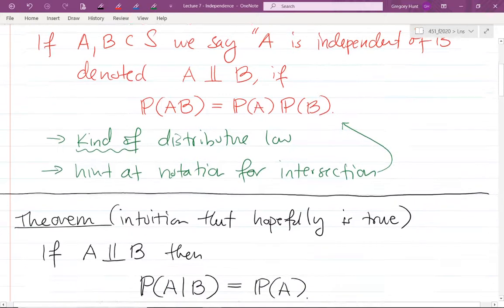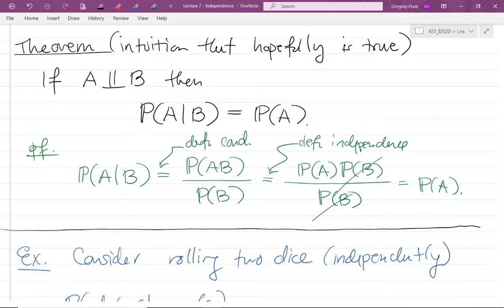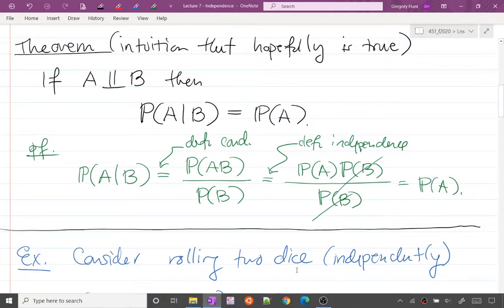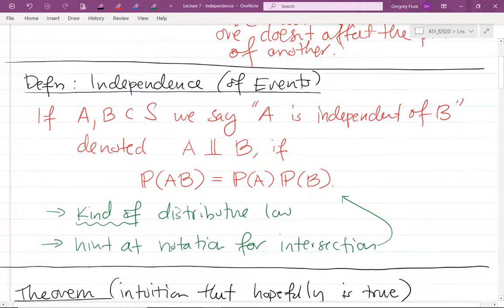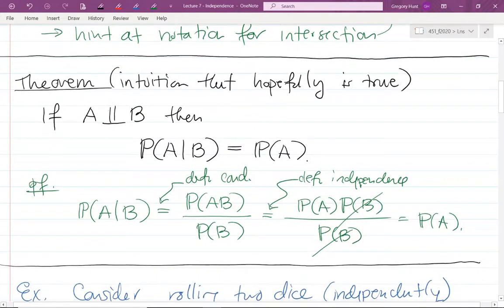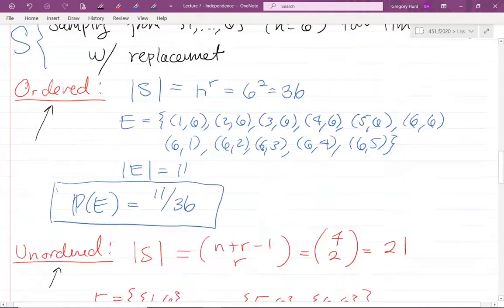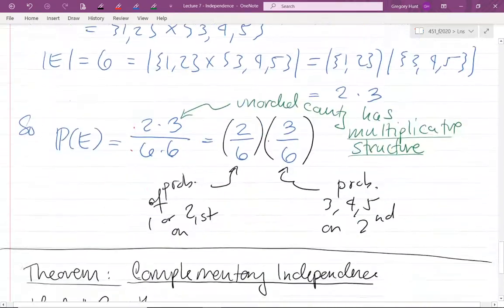And that seems like a weird definition of independence, given that the real intuition we have was this theorem, which said that the conditional probability is unchanged if we condition on an independent event. One of the reasons why we go with this multiplicative definition instead of this intuition is that it generalizes much more easily.